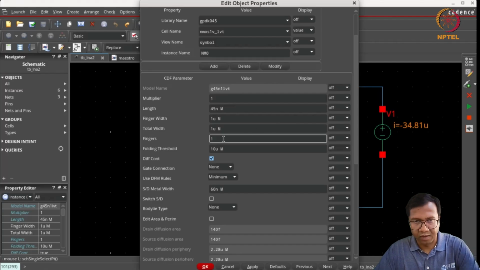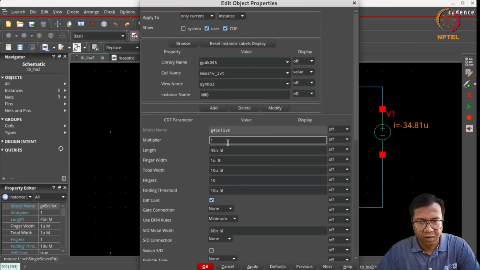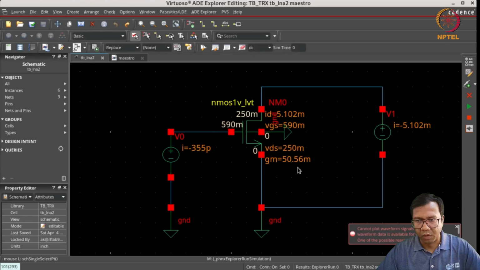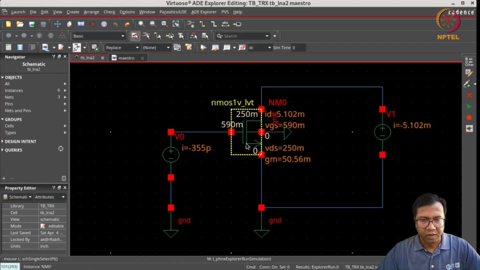So let's increase the number of fingers to 10, multiplier to also 10. So now we can see that it is consuming close to 5 milliamps. So now the biasing as well as the sizing for this input element has been optimized.